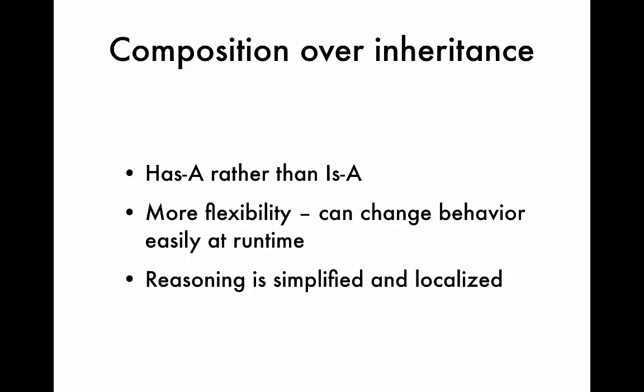In the new design, a duck object has a fly behavior object, which in turn contains a fly method. In the original design, a mallard duck object is a kind of duck and inherits the fly method from its superclass.